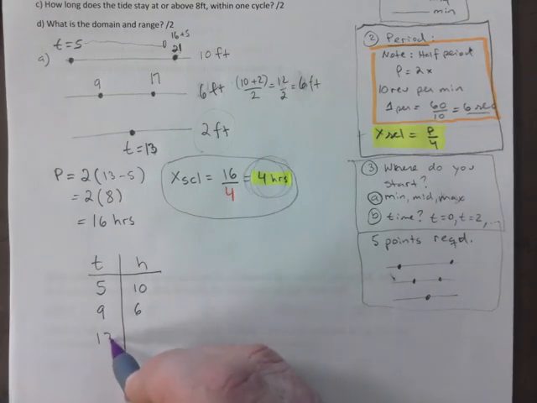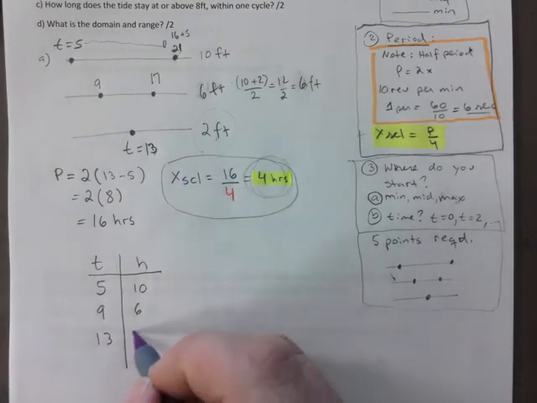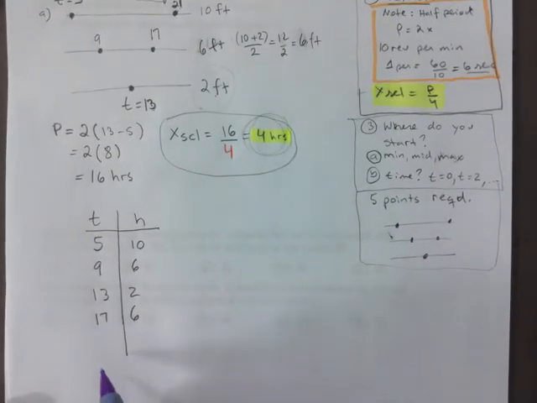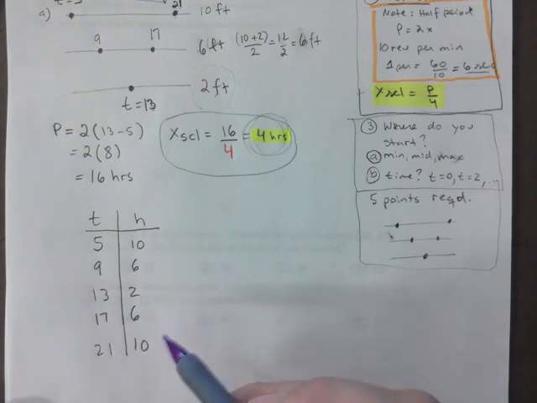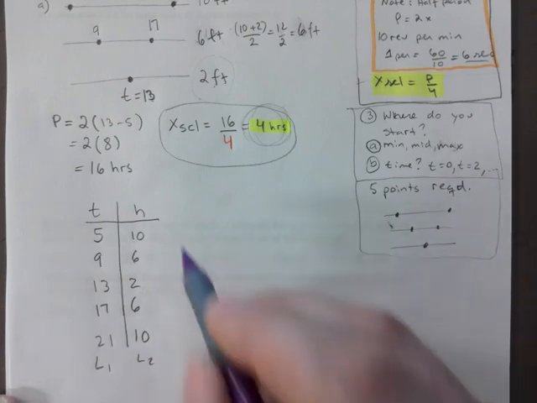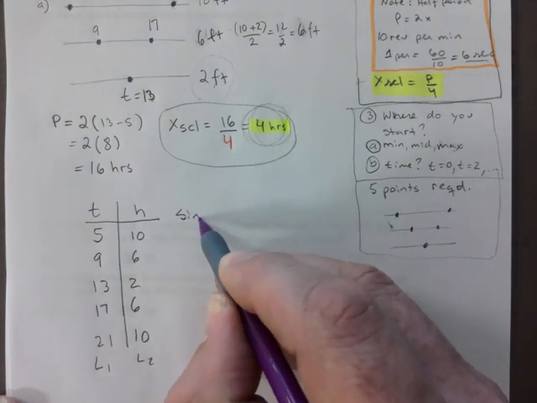Then we're at 13 and 2 feet. And we are at 17, 6 feet. And last but not least, 21, we're back to 10 feet. Okay. So you type this into L1 and L2, and let's come up with our sinusoidal regression.